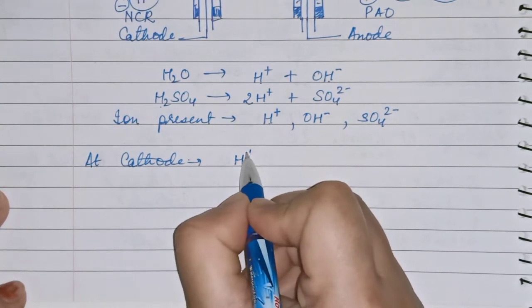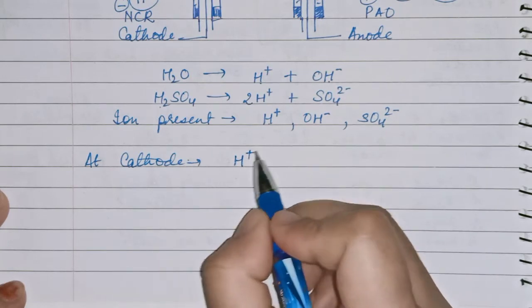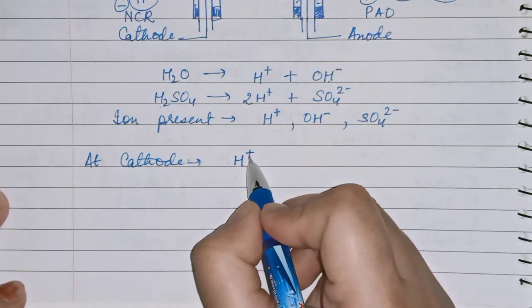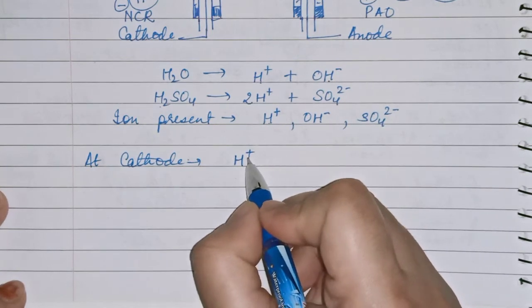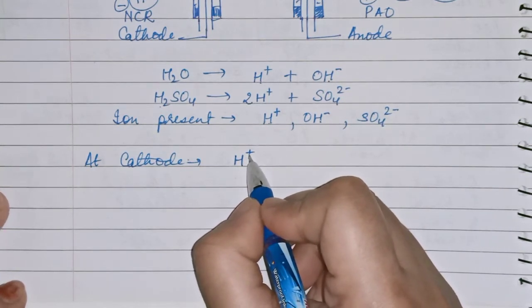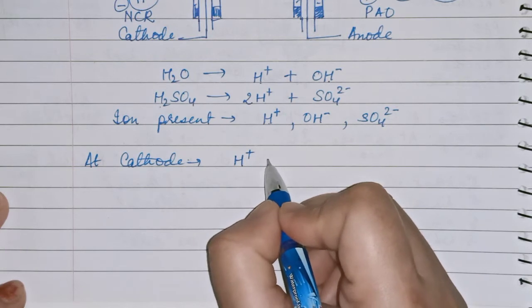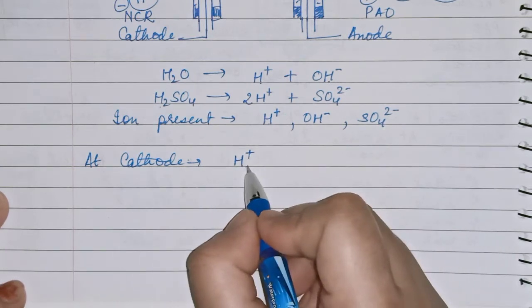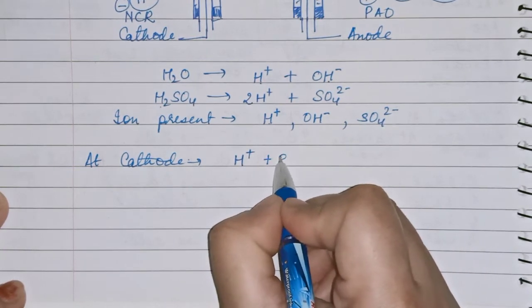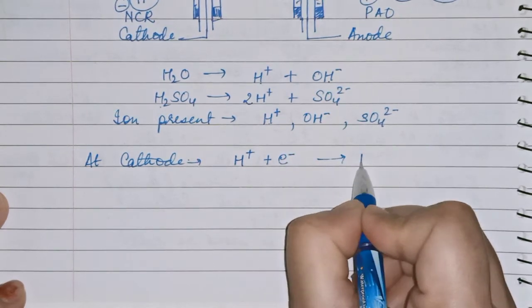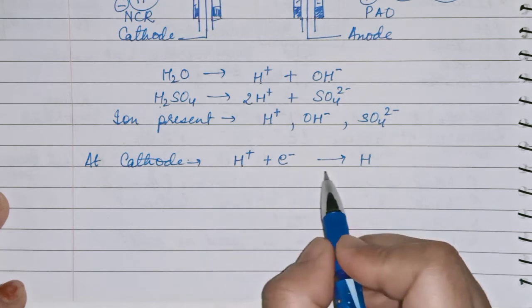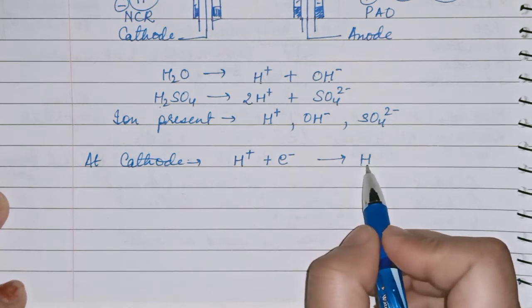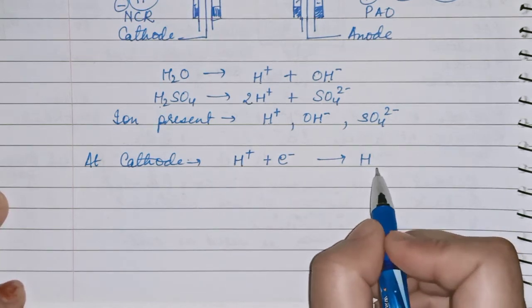Now what is the function of the cathode? To discharge ions. Wherever plus is written, that means it has one electron less. So what will you do to discharge this? You will add one electron so that it becomes H. But a hydrogen atom cannot exist independently.